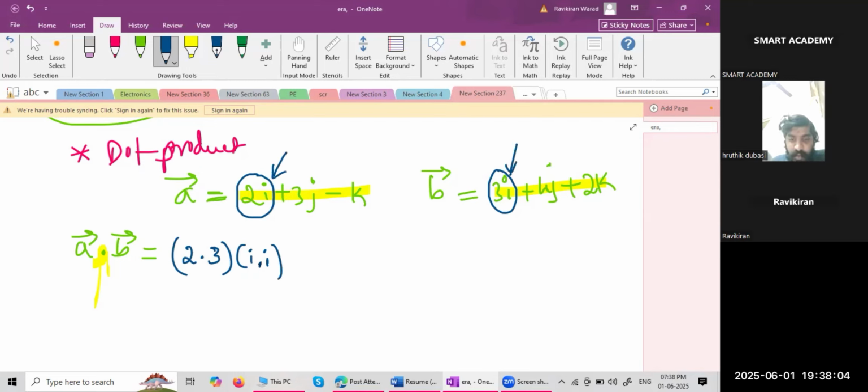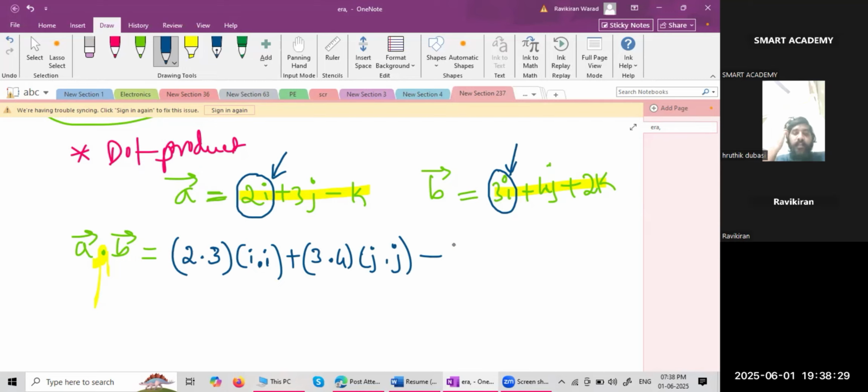Similarly, plus the second one, 3 dot 4, then j dot j.